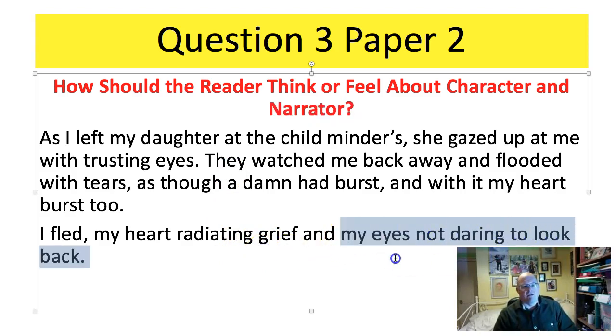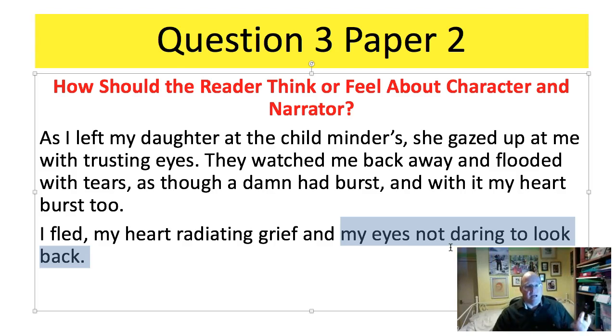My eyes not daring to look back, again, is personification, because eyes don't have emotions. These eyes are refusing to dare, and you could argue therefore that the father feels that he's been cowardly in leaving his daughter at childminders.